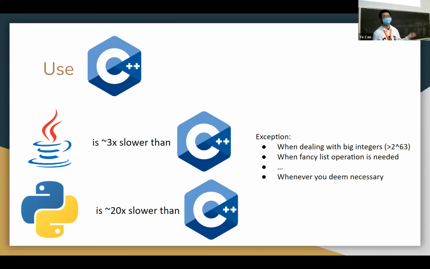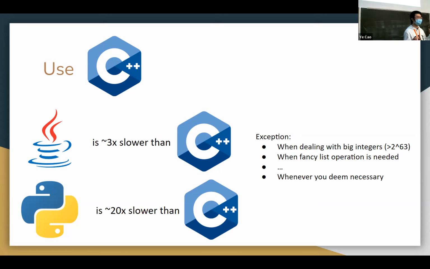There are some exceptions to this rule, because there are certain things that are much easier done in Java or Python than C++. For example, when you are dealing with really big integers, for example, the ones that overflow a long, that is greater than 2 to the 63, there is no standard library in C++ that allows you to handle big integers.